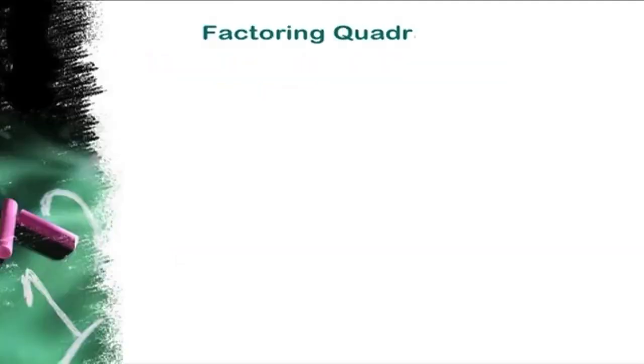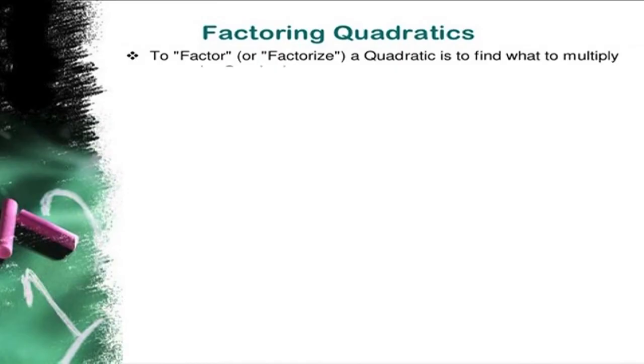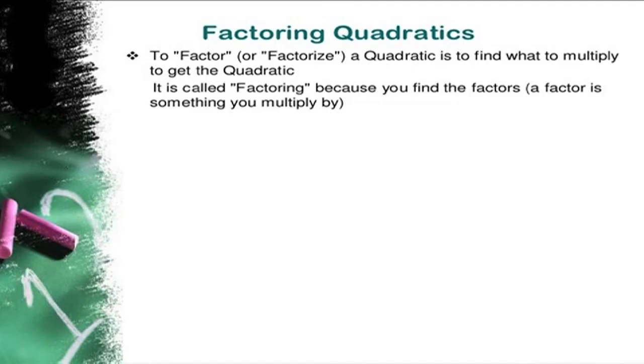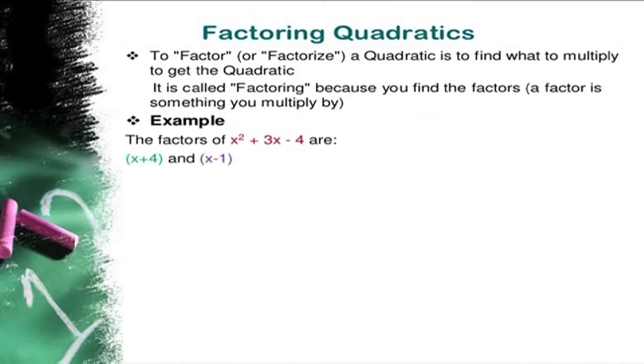Now, how to factor a quadratic? To factor or factorize a quadratic is to find what to multiply to get the quadratic. It is called factoring because you find the factors. A factor is something you multiply by. For example, the factors of x² + 3x - 4 are x + 4 and x - 1.